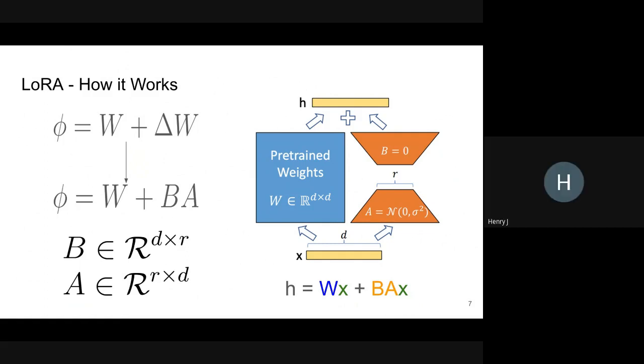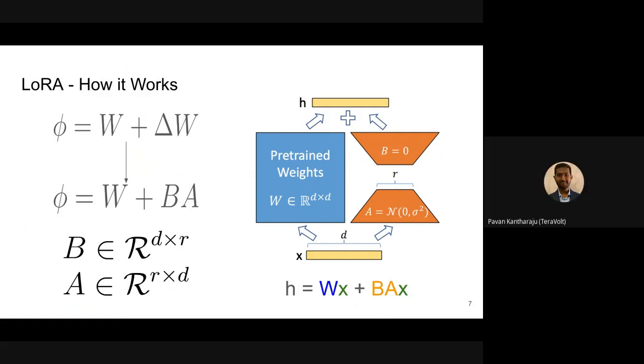Yeah, it's a patch. They are doing a transformation from a bigger dimension to a smaller dimension. So you train 2 matrices of a much smaller dimension, then you transform back to the larger dimension, and you add them together.